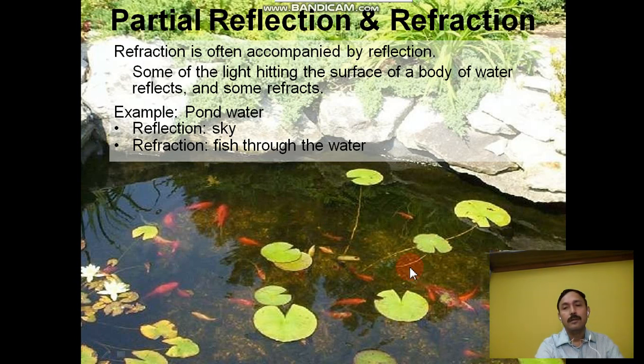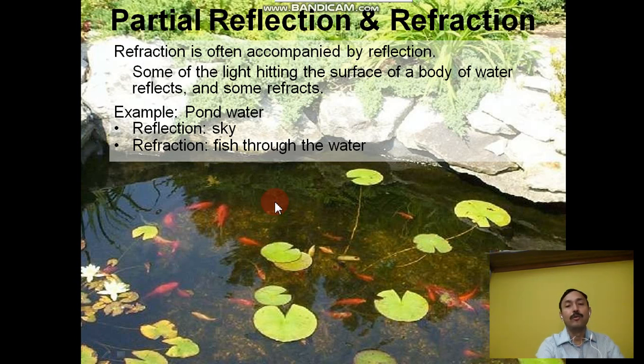So this is a very good example of reflection and refraction at the same time. Water is acting as a partial reflector, and similarly the water is also acting as a refractor when we are getting the views of the fish from the water surface.